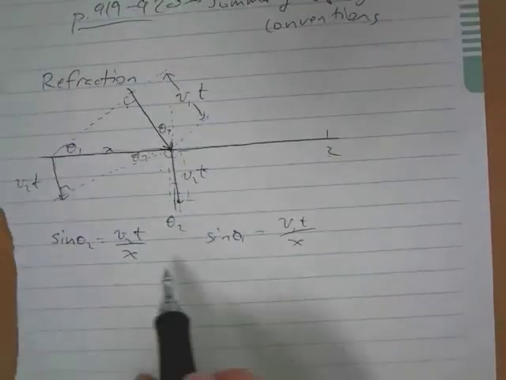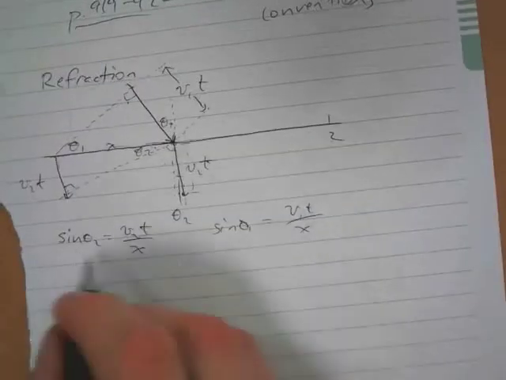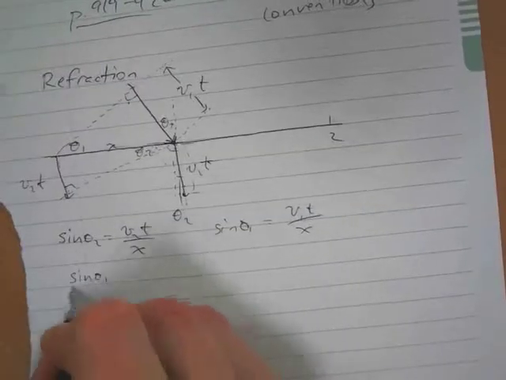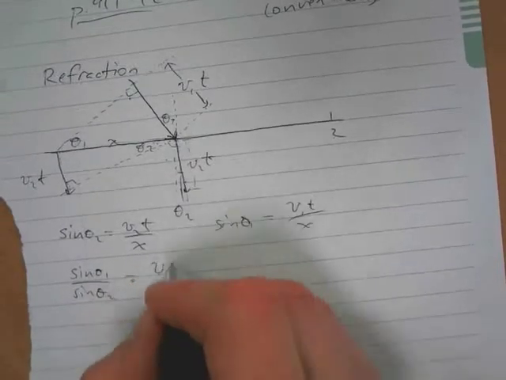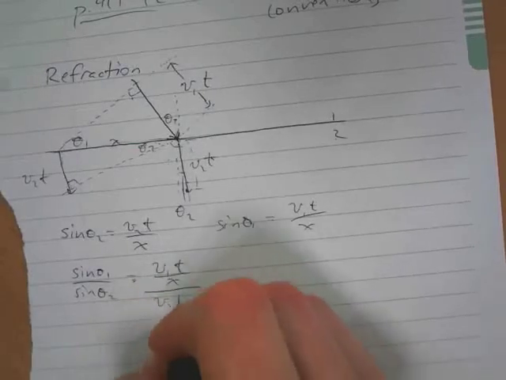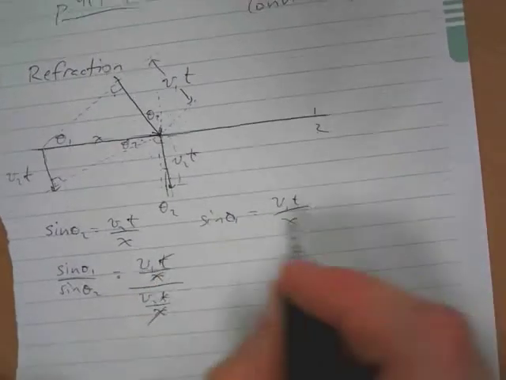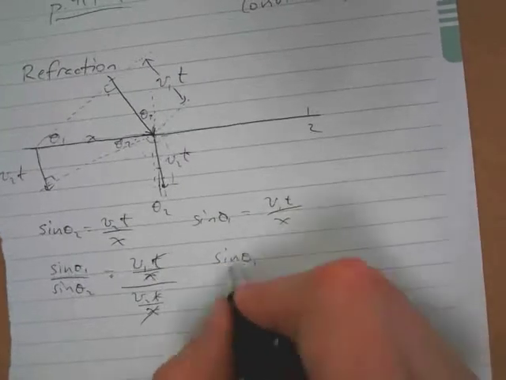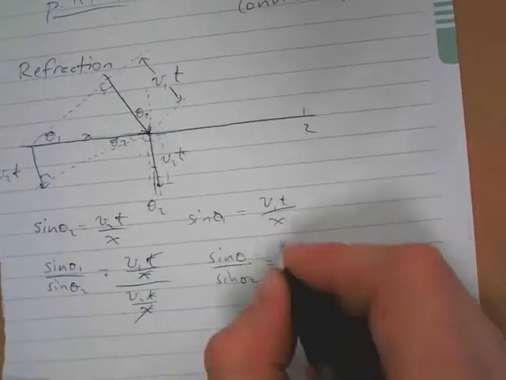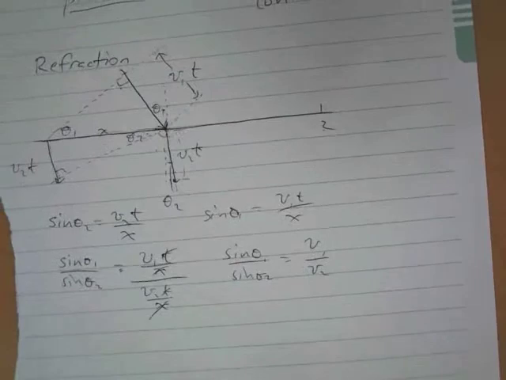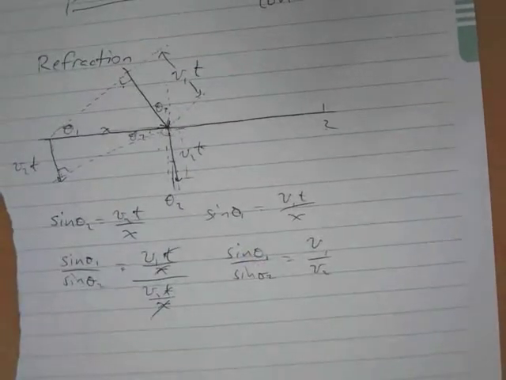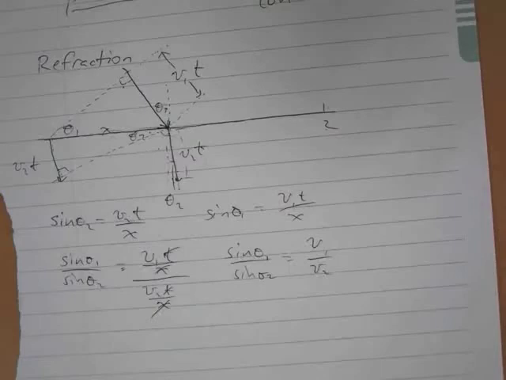If we divide these two, sine theta 1 over sine theta 2, we've got v1t over x over v2t over x, so our x's and t's cancel out. And we've got that sine theta 1 over sine theta 2 is equal to v1 over v2. And so this just mathematically shows that if the speed changes, then this angle is also going to change.